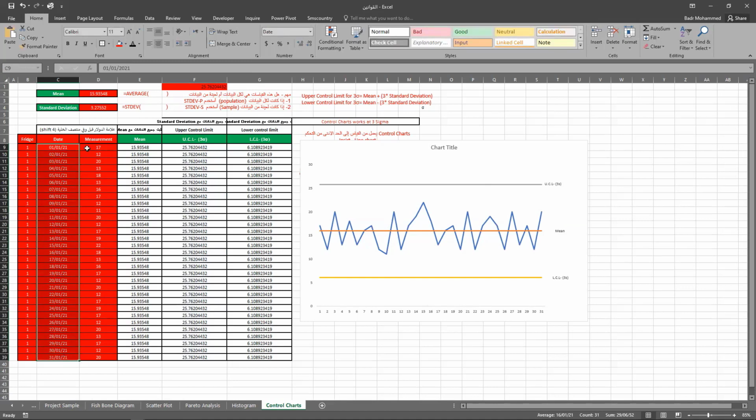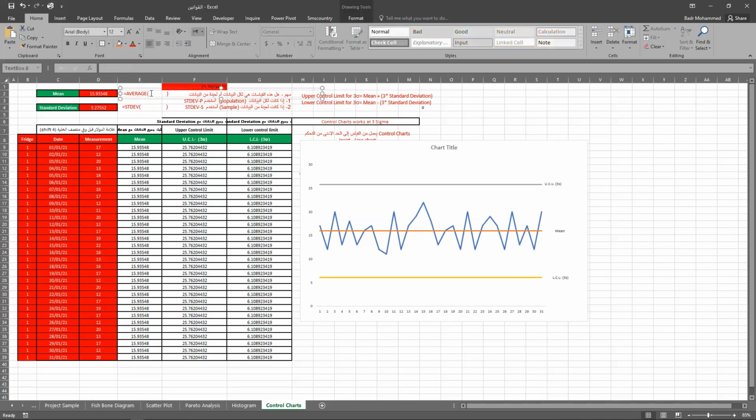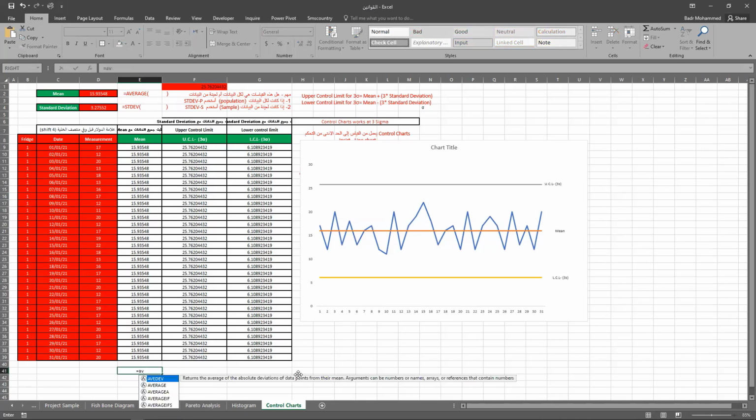So these are the days, and this is the temperature, and we need to calculate the mean. What does the mean equal? Mean equals the average. So if we want to calculate the mean for all these degrees, we just need to type equal average. We will calculate the average for the total data we have here.